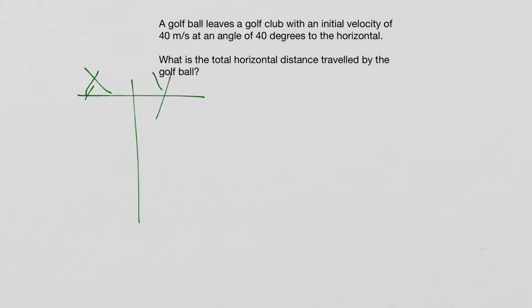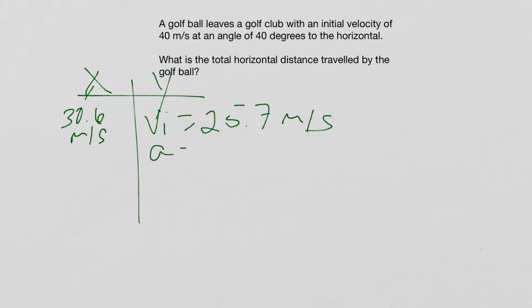So in the y direction, we had an initial velocity of 25.7 meters per second, and in the x direction, it was 30.6 meters per second. So from our problem, we can say that the acceleration is equal to a negative g, which is equal to a negative 9.81 meters per second squared.